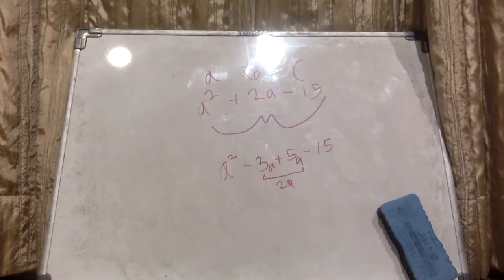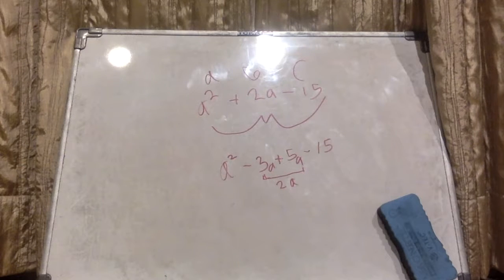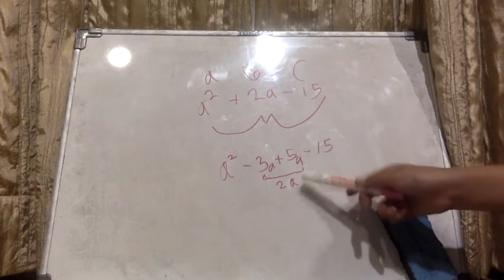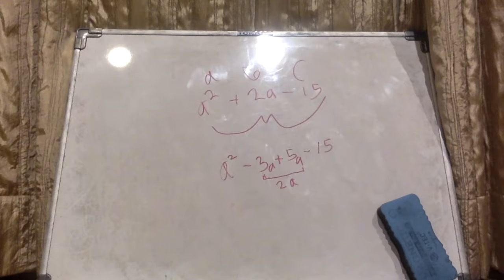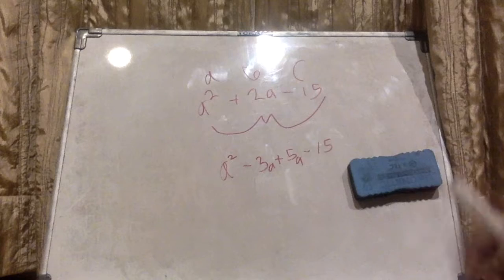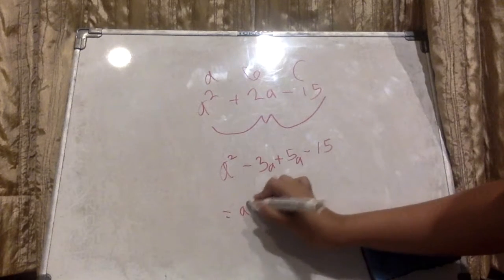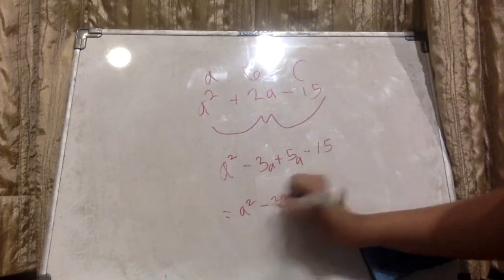So after getting the factors, we need to divide it into 2. So basically we're going to bracket it. So it's going to be a squared minus 3a, bracket.